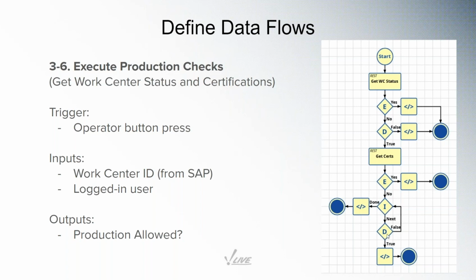And then each time I have this decision block, and I'm going to check, is the certification that I found the active certification for the work cell that I'm looking for? And if it is, I'm going to log that and allow production and end my chart. And if I've gone through all of these and at no point did I ever find one that matches, then I'm going to log that I don't have an active certification and I'm not going to allow production to continue.